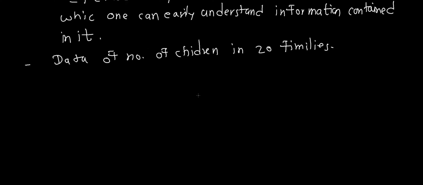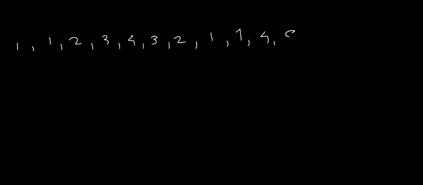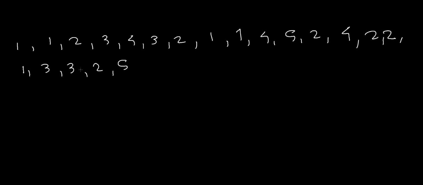So we'll just write down the raw data. 1 1 2 3 4 3 2 1 1 4 5 2 4 2 2 1 3 3 2 5.